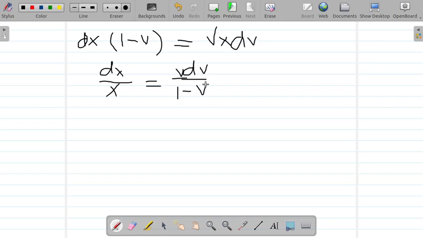So, next step is humanaman ta sa pag-separate sa duha ka terms, integration na dayon. So, integral of dx over x, integral of v dv over 1 minus v. So, dx over x is just equal sa ln of x.